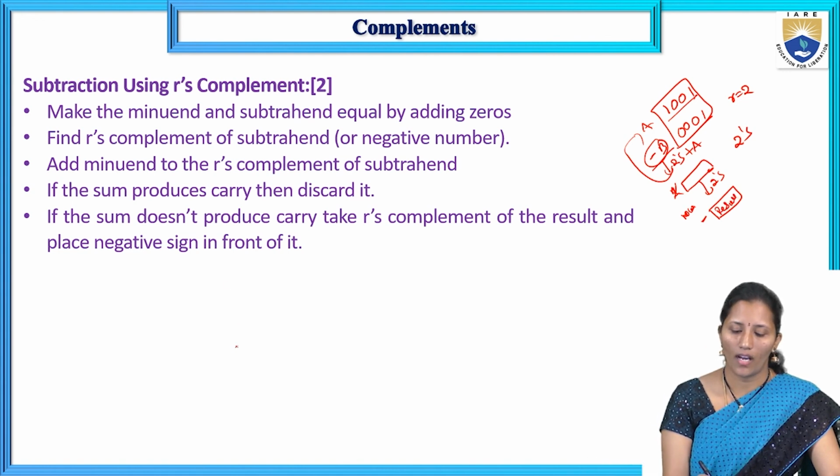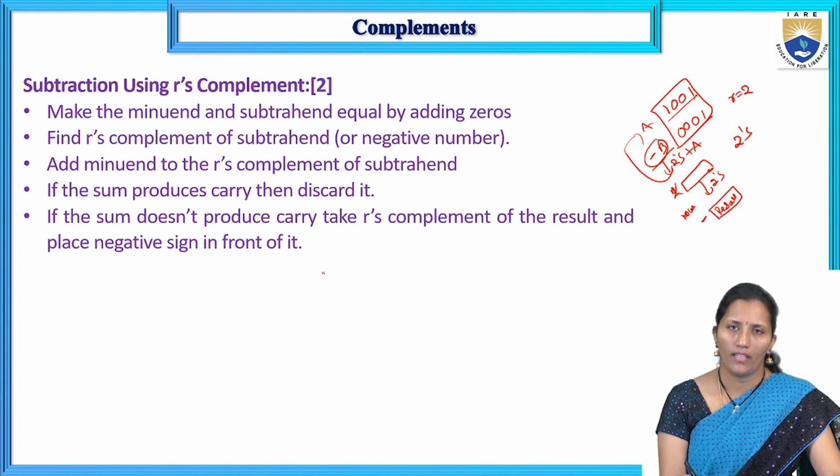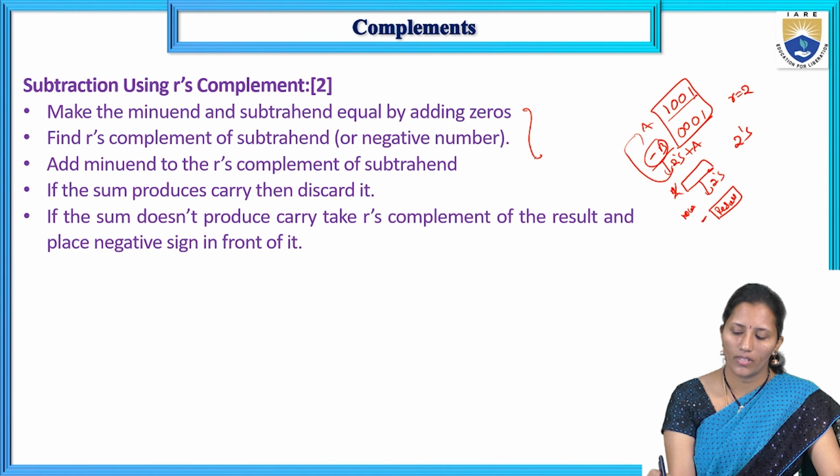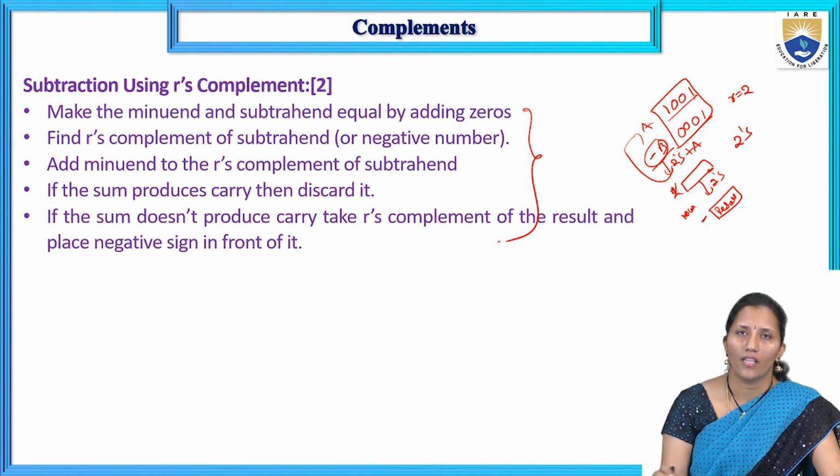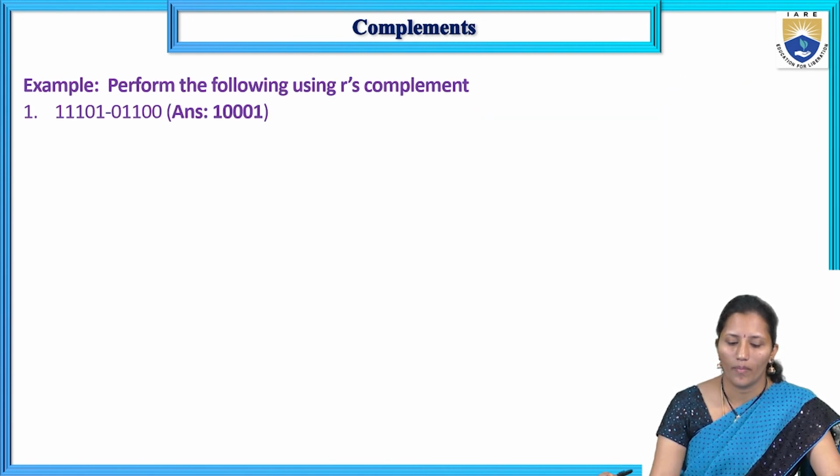So this is the R's complement procedure. The base may be anything: octal, decimal or hexadecimal, or even base 4. By using these steps we can perform subtraction by the R's complement method.